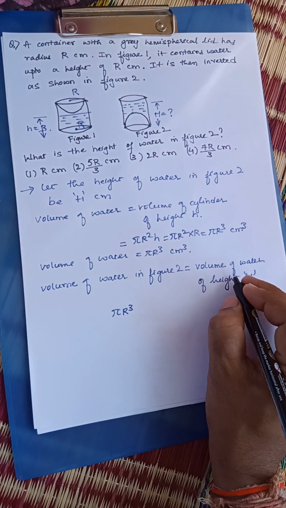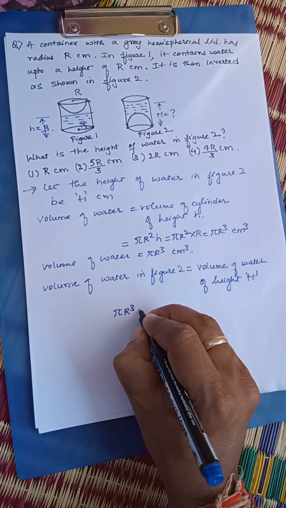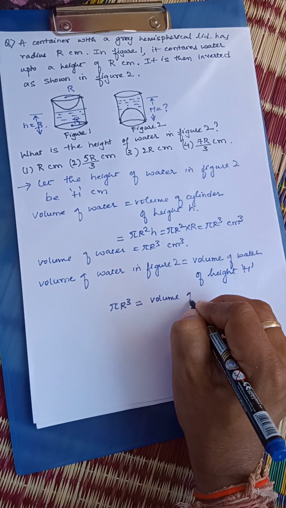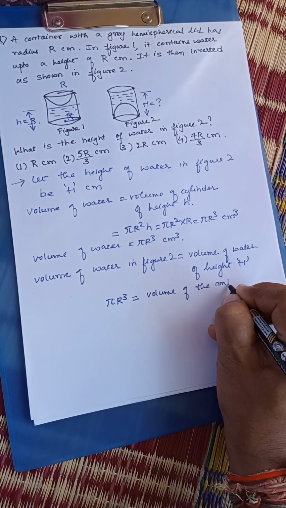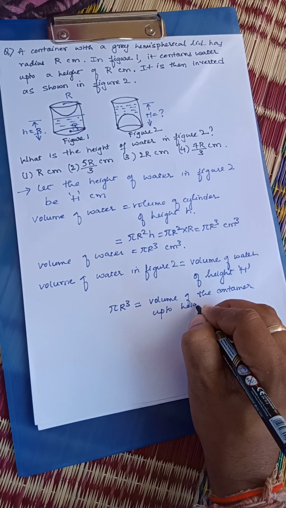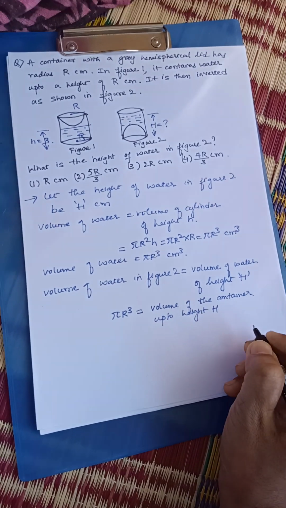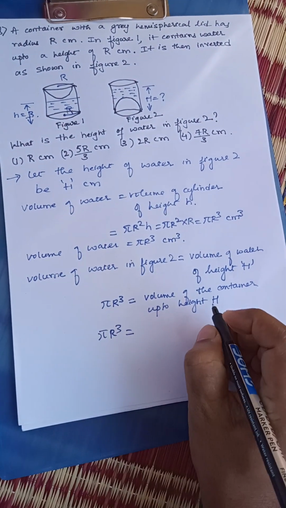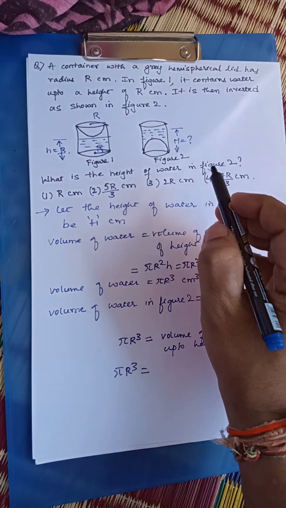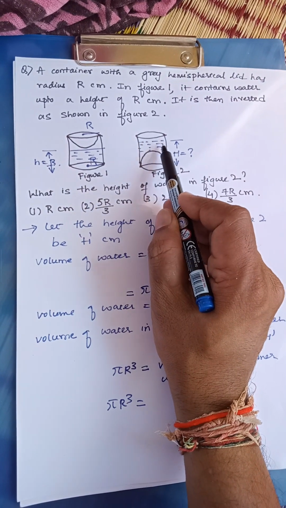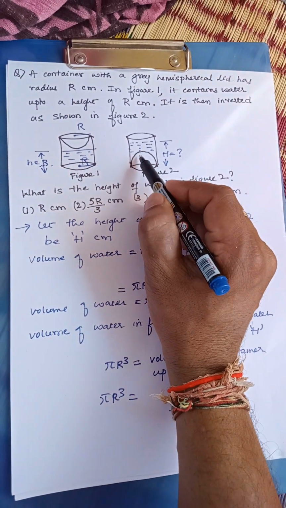Now how do you find the volume of water of height h? It is equal to volume of the container up to height h. This is pi r cube itself, but here, observe carefully, volume of the container up to height h will be equal to volume of cylinder minus the volume of hemisphere.